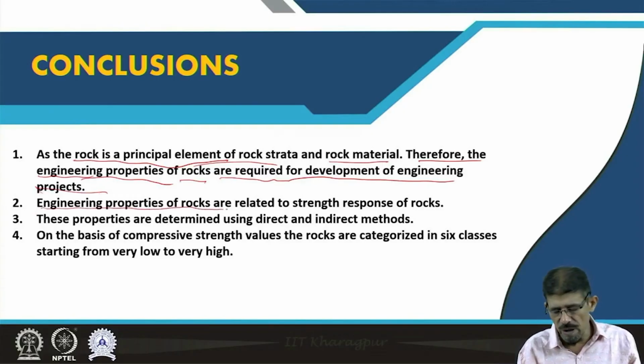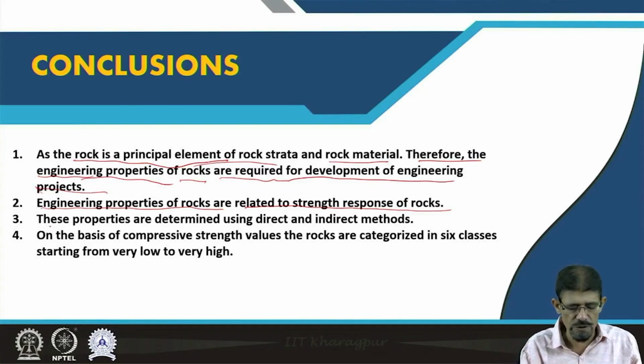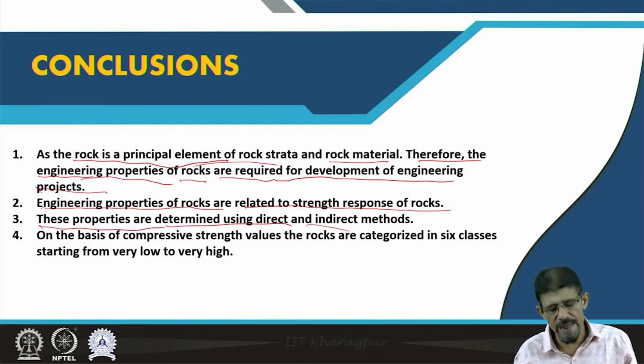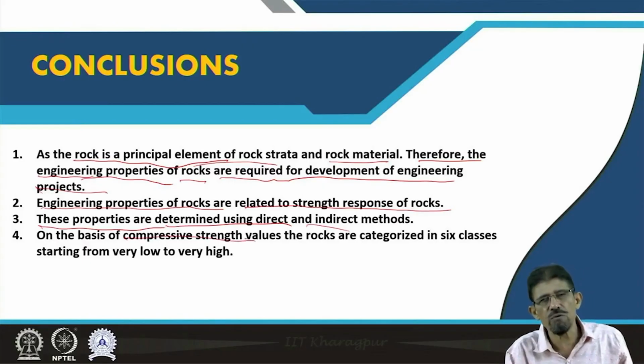Engineering properties of rocks are related to the strength response of rocks, so we can say mechanical properties or physico-mechanical properties also. These properties are determined using direct and indirect methods, as we have discussed. On the basis of compressive strength value, the rocks can be categorized into 6 categories starting from very low to very high strength.